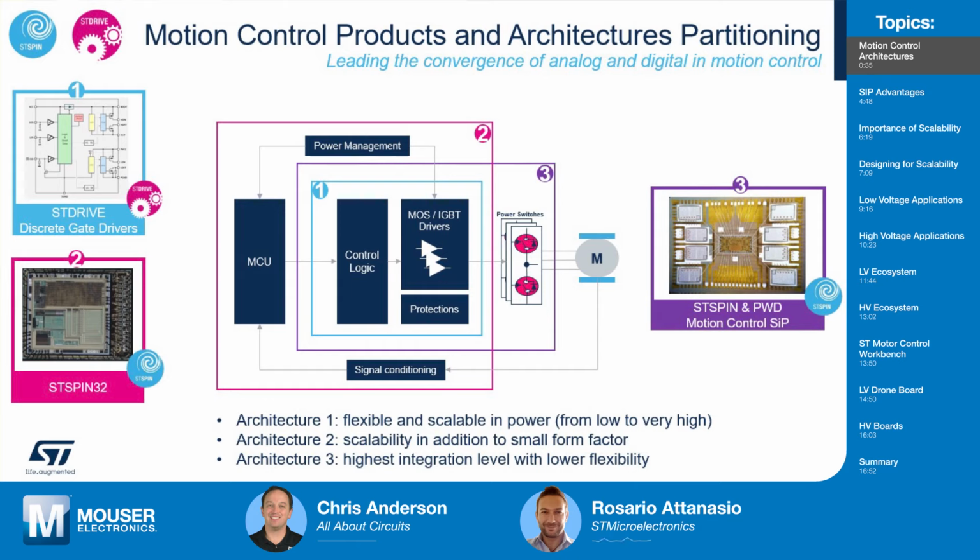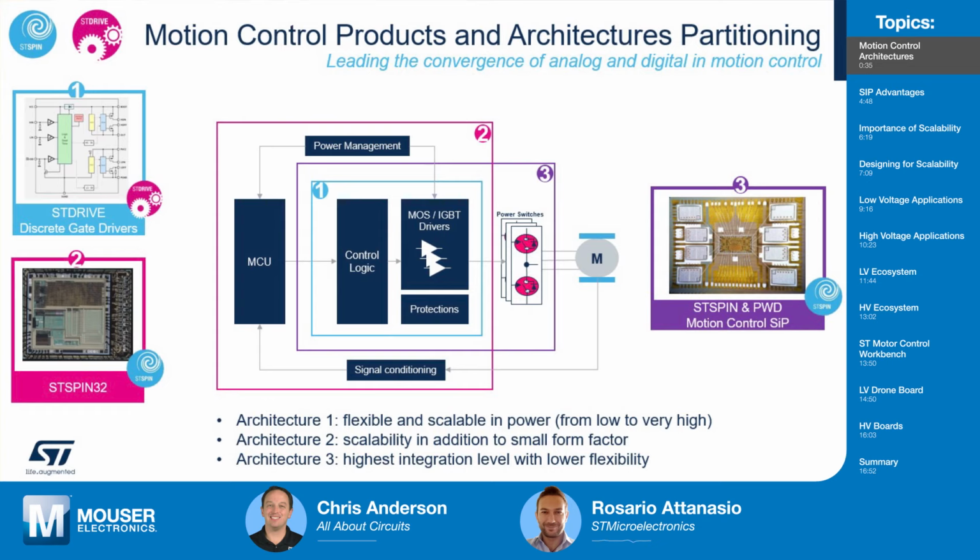And finally, I wanted to point out architecture number three, which shows the integration into one module of the power switches, some of the control logic, and the gate drivers. The main advantage in this case is the highest integration level that can be achieved, because these are the components that actually require the most space on the PCB.